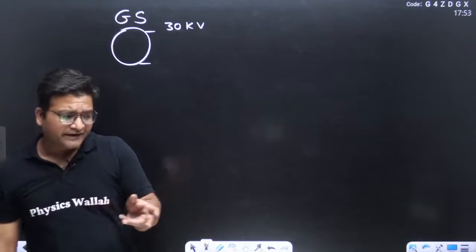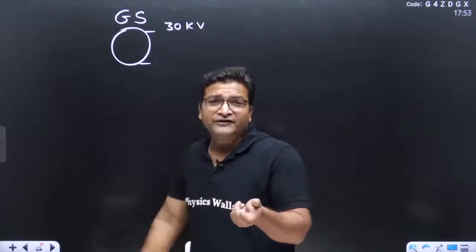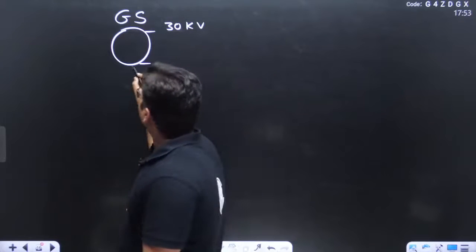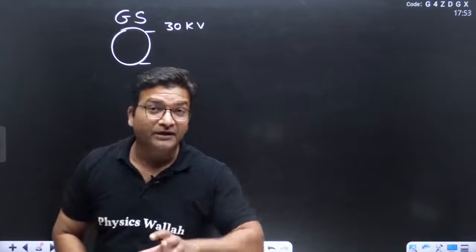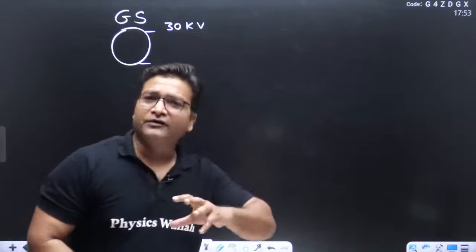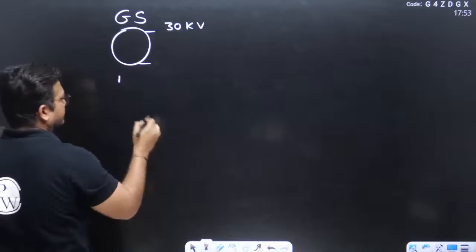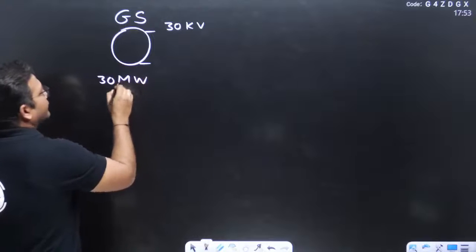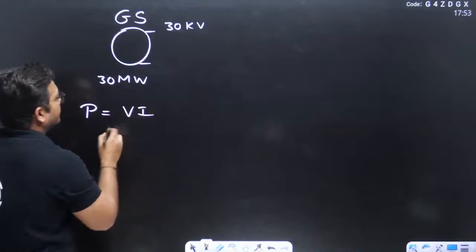Actually, most generating stations are at 33 kilovolt, but for the sake of simplicity of calculations, I am using 30 kilovolt. Suppose this generating station is of 33 megawatts, but again for the simplicity of calculations, I am taking the power as 30 megawatt.